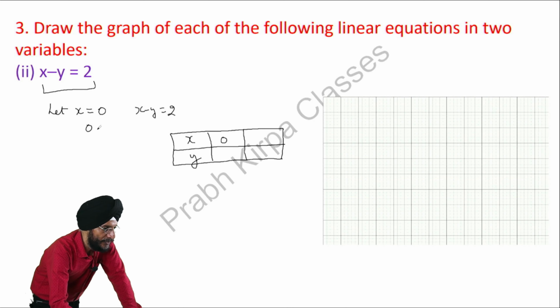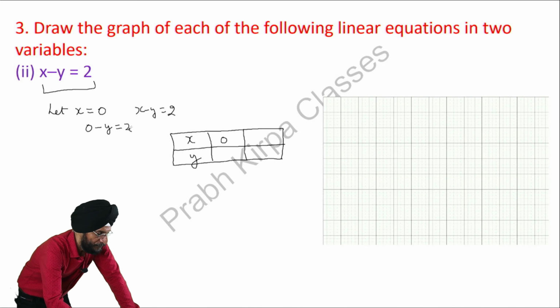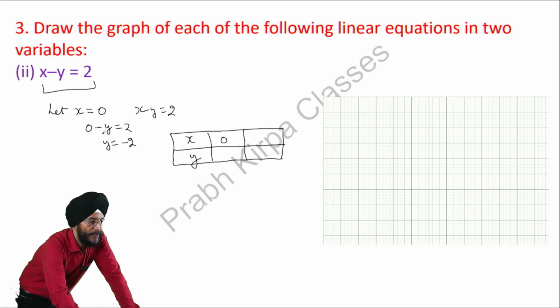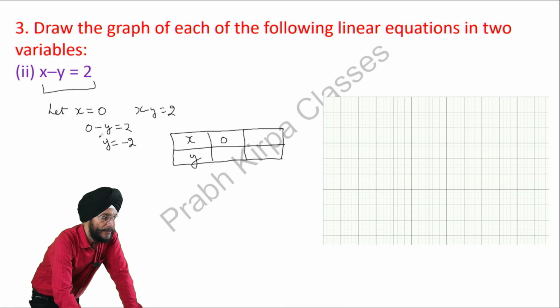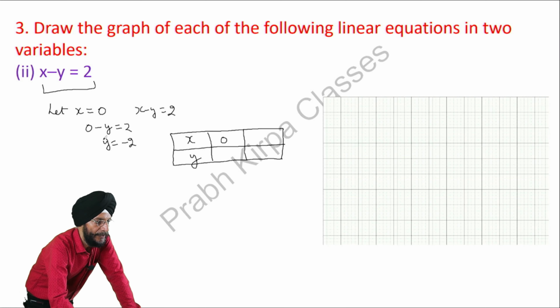We will put the values here, minus y is equal to 2, and here y becomes minus 2 because we will divide both sides by minus, and the result will be y is equal to minus 2.